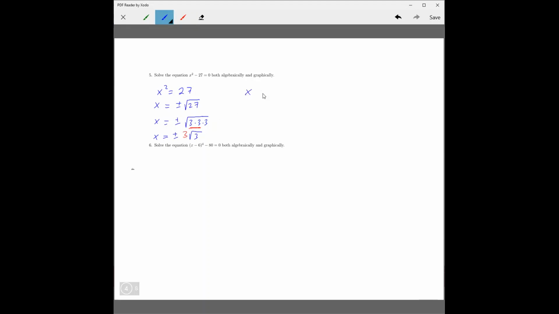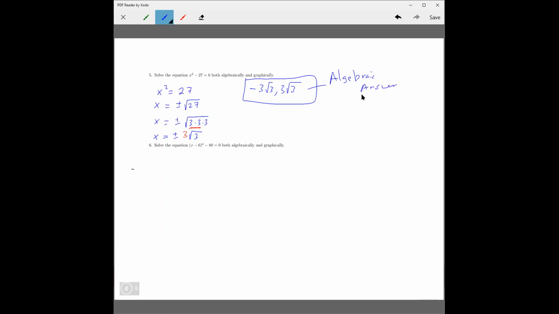So the answer is going to be negative 3 root 3 and positive 3 root 3. Okay, so that's the algebraic answer, which is the exact one.